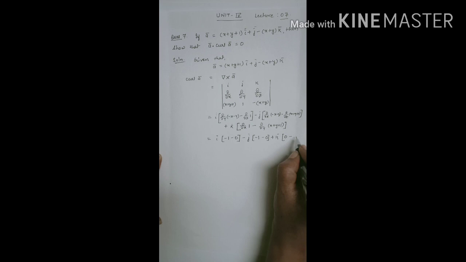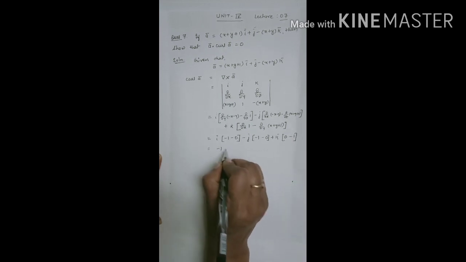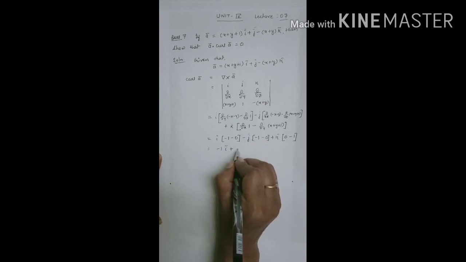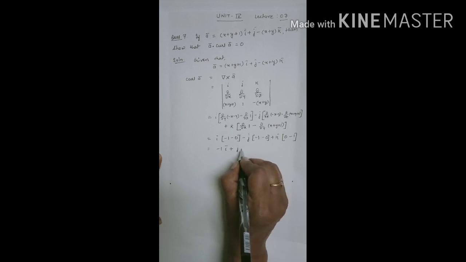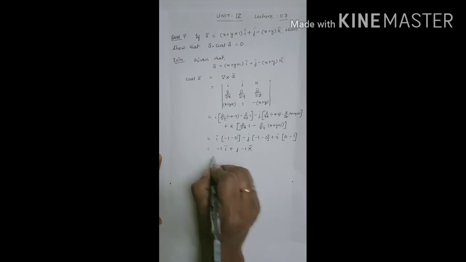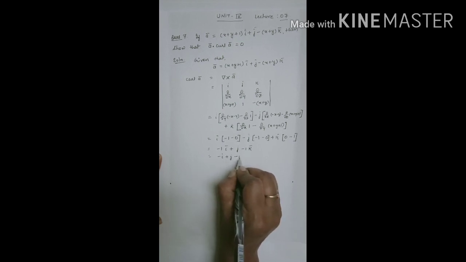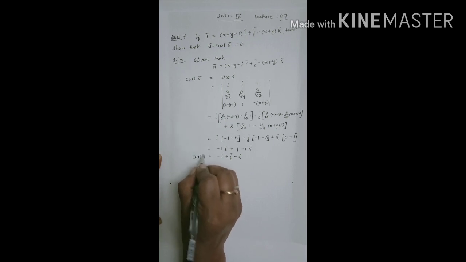There is only one term of y, so you end up having minus 1 times of i, plus 1 times of j and minus 1 times of k. That means nothing but minus i plus j minus k. This is your value of curl of vector A.